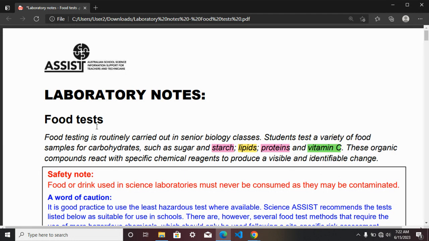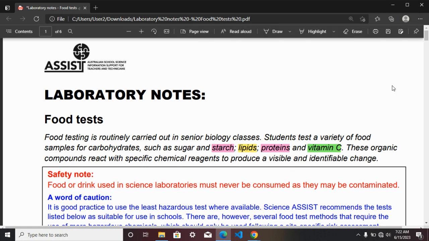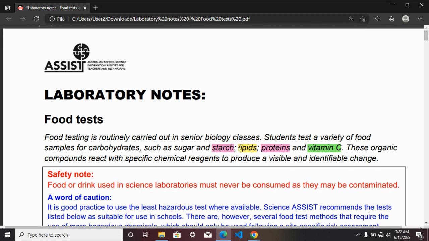So today we are just finding out how you can test for starch, lipids, proteins, and vitamins. Here we are going to choose one thing which will stand for the whole group. For example, for vitamins, we'll be dealing with vitamin C, and for sugars, we'll be dealing with starch. Lipids, it's actually the general test for all lipids, and probably for proteins it is the same.